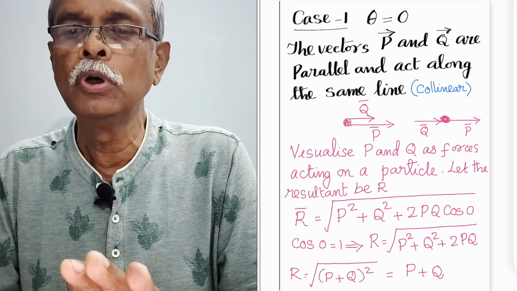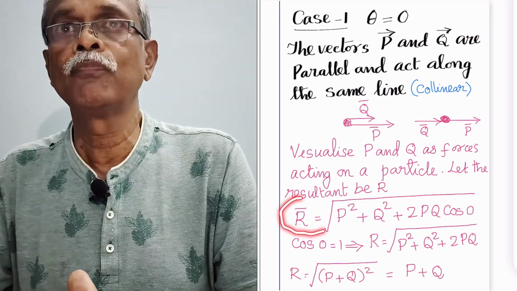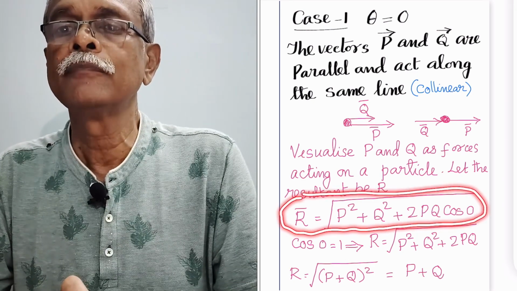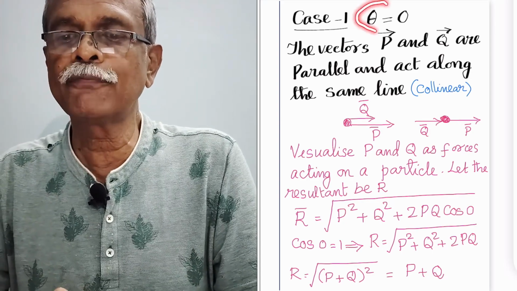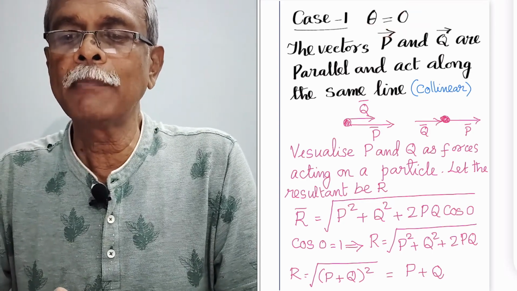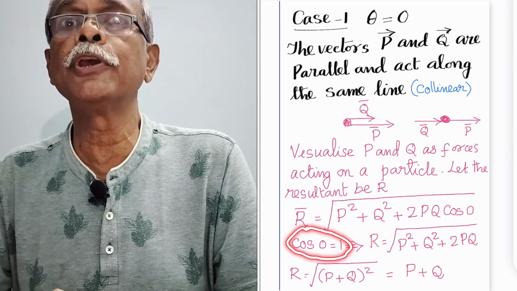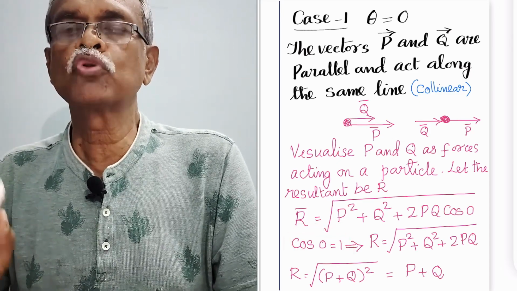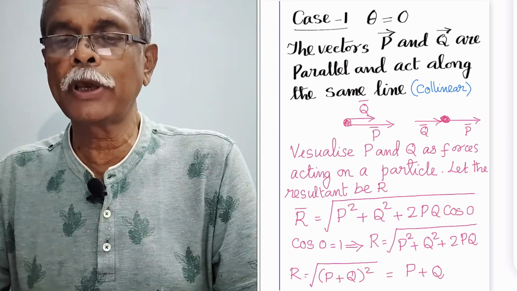R is equal to root of P square plus Q square plus 2PQ cos 0. Theta is equal to 0, cos 0 is equal to 1. Therefore, R can be written as root of P square plus Q square plus 2PQ. But P square plus Q square plus 2PQ is P plus Q whole square.